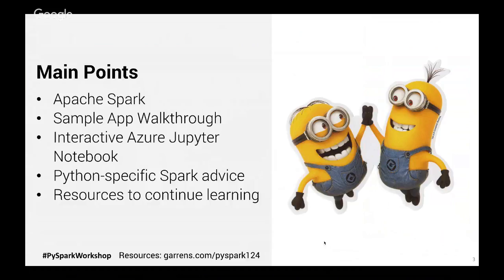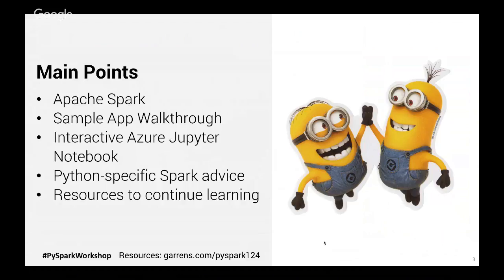I'm also going to give you some Python-specific Spark advice, because right now and really probably forever, Python is not a first-class language, if you will, for Spark. Spark was written in Scala. It is written in Scala, I should say. And it works the best with Scala.